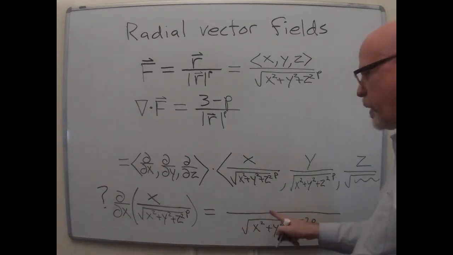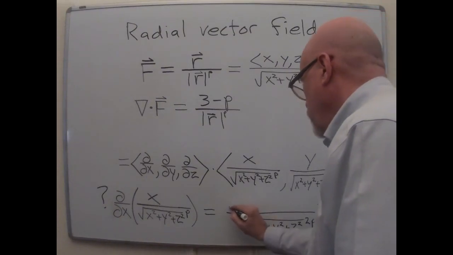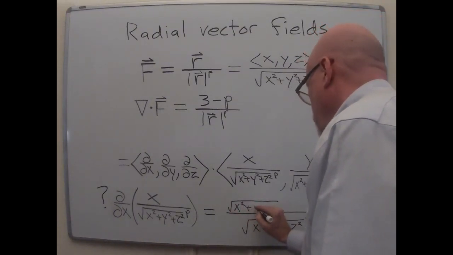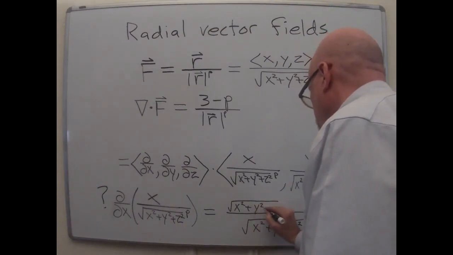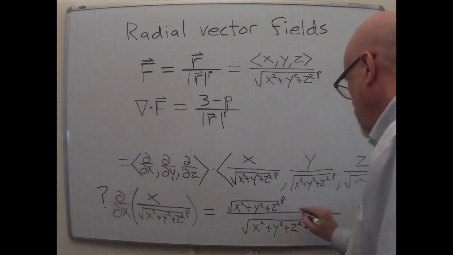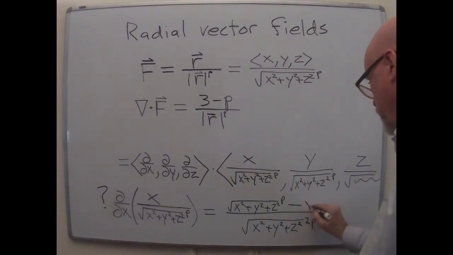And then in the numerator of the quotient rule, you have the bottom times the derivative of the top, which is just square root of x squared plus y squared plus z squared to the p, because the derivative of the top is 1. And then minus, how does it work the other way? Now we need the top times the derivative of the bottom.